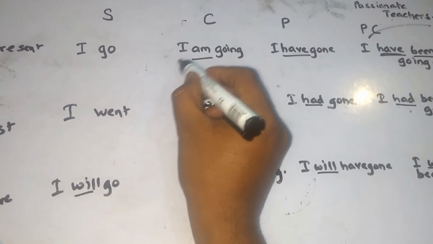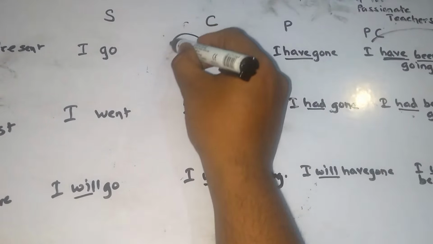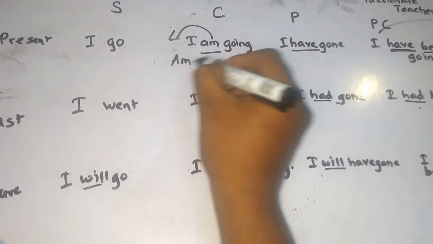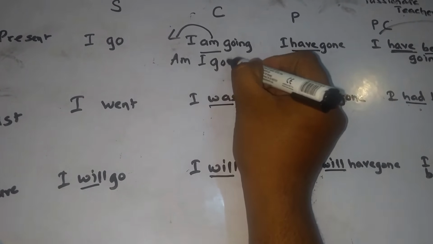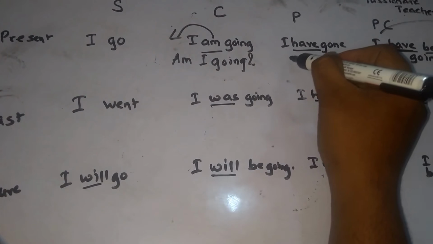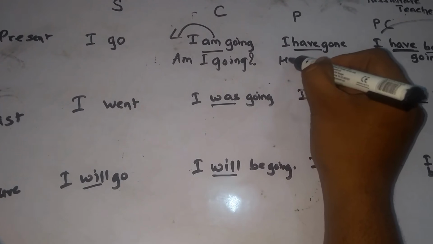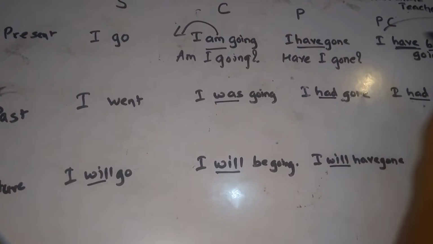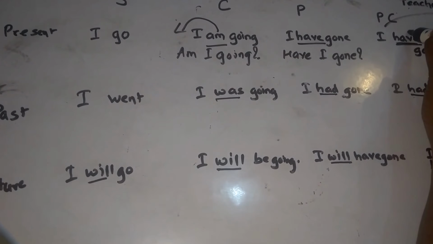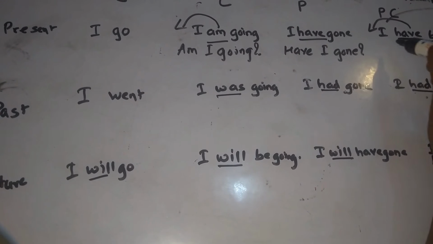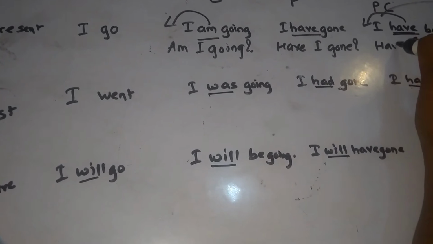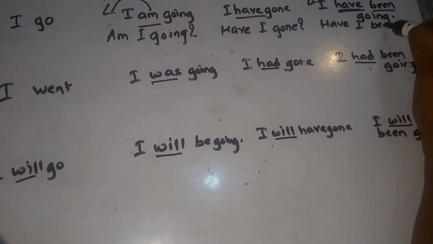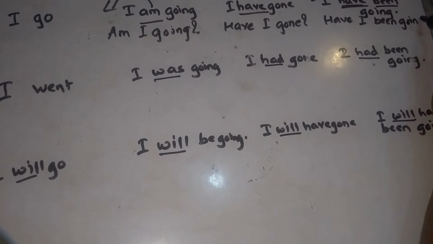As we have explained, we have to take the helping verb behind the subject, so it becomes: am I going. Here we will make it have I gone. Again, because we take only the first helping verb behind the subject, it will become have I been going.